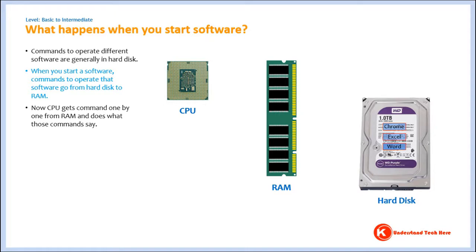Let's say you want to use Word. When you try to start Word, commands that operate Word are brought to memory. Now, the CPU gets commands one by one from memory, and it starts to take action as the commands say. Note, when you close Word, all commands to operate Word are removed from memory.